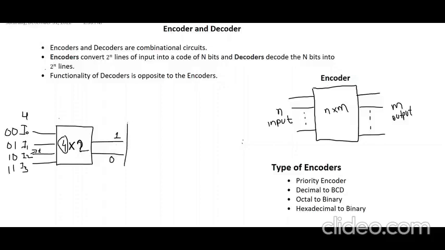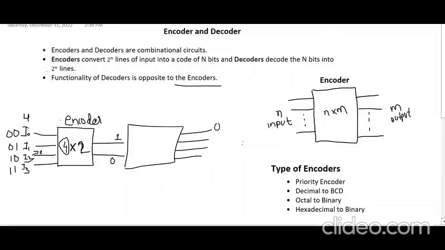Now, this is my encoder, and if I want to decode this information, I will have 4 output lines, which are O0, O1, O2 and O3.